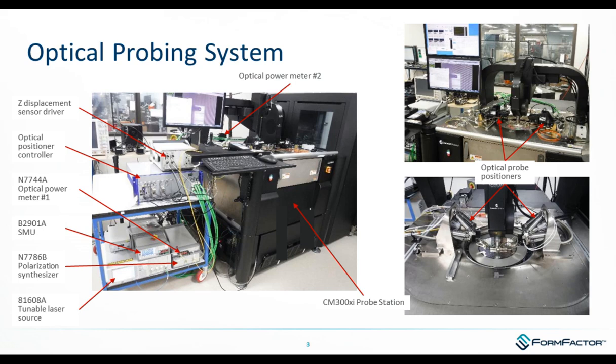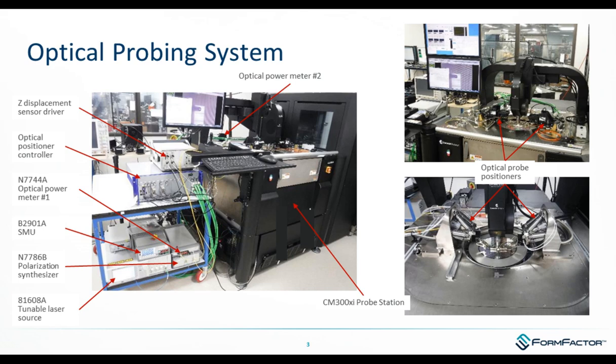And then back on the left and the bottom, you see the tunable laser source that Doug talked about, the polarization synthesizer, which manipulates the output of the laser before it's sent to the DUT. The SMU that provides the bias voltage, or the bias and the measurement for the optical-electrical probing. And then the first power meter that we used that has the sensitivity needed for the measurement.